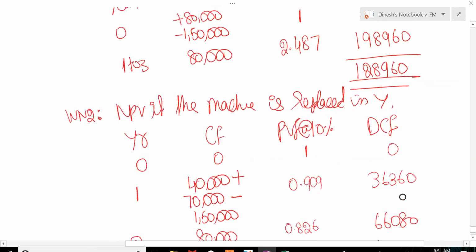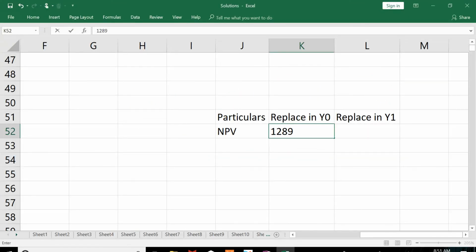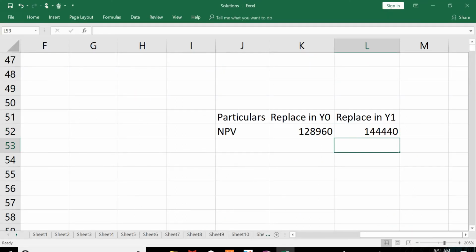NPV is 128,960 and 144,440. Life. How many years is this year 0 replacement NPV? 3 years, and the other one is 4 years.